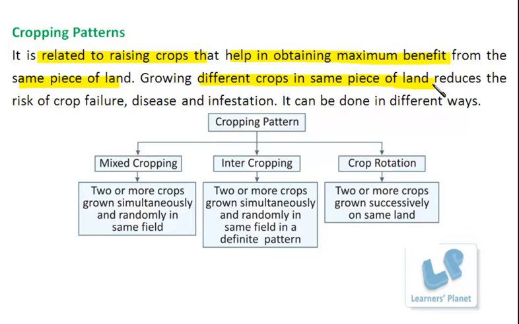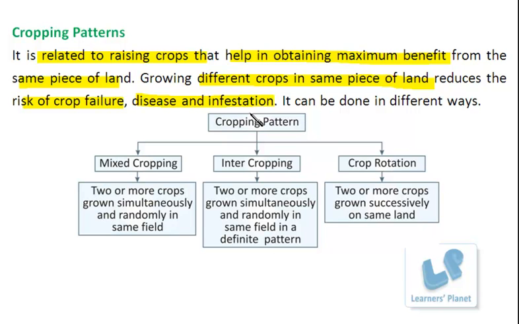Now, when such a thing is done, do you know what the basic advantages are? The advantage is that it can reduce the risk of crop failure. It can, of course, reduce the risk of some diseases or infestations. See what happens. And of course, time can also be saved.